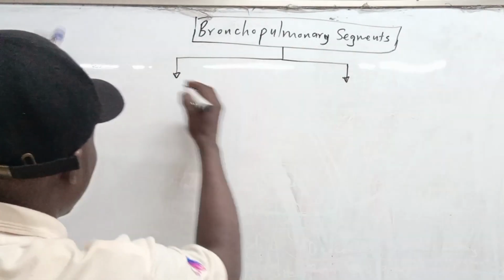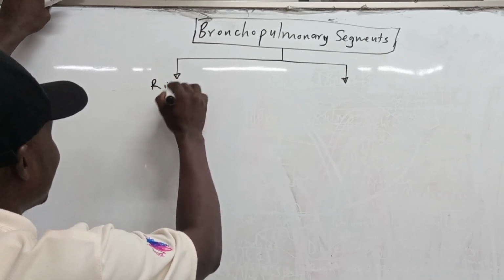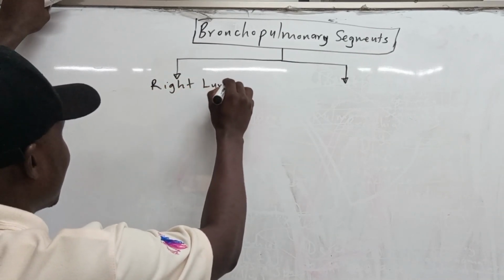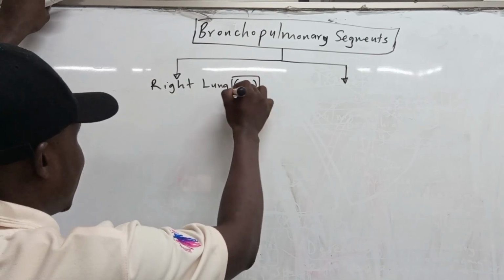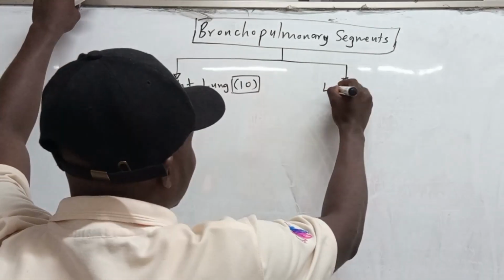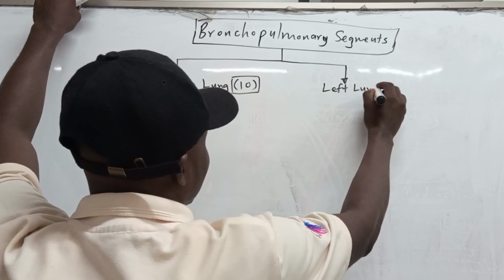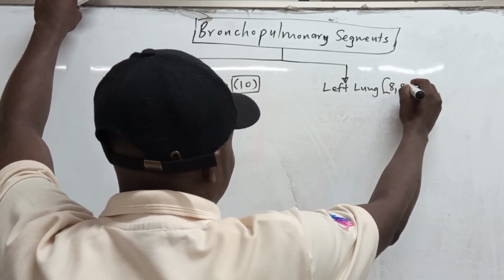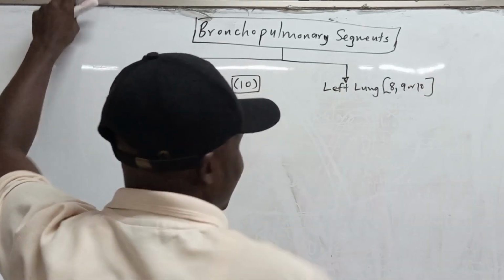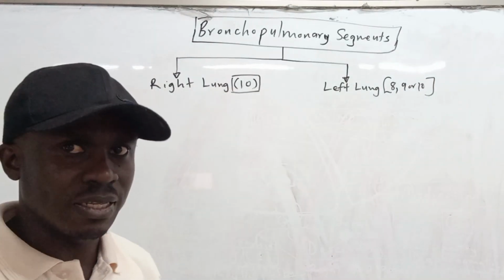I have that of the right lung. How many did I say? 10. Importantly, that 10. That of the left lung, as I said, is variable: 8, 9, or 10. Okay, so now let's see.